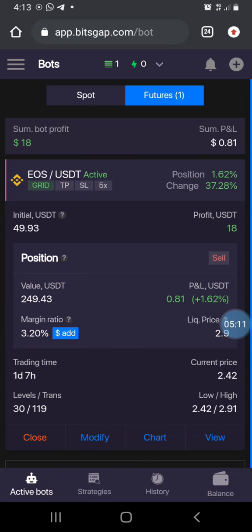Also, the stop loss is there, the take profit point is there, and I'm using only 5x leverage. If I had used 10x leverage, by now I would have been able to do almost 80% return on equity.